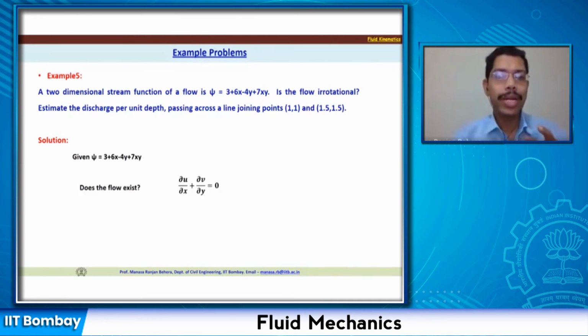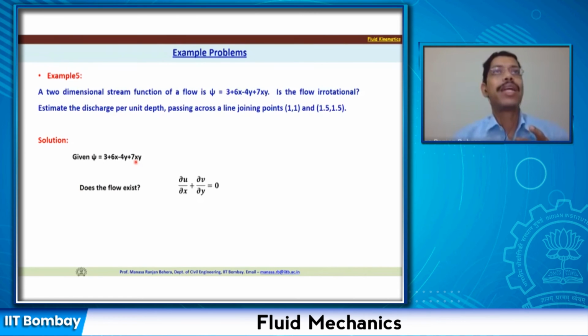If you look at the equation, second order terms are not there, so here you don't have any second order term. Let me find out u here. u is nothing but dou psi by dou y. So dou psi by dou y, you will get minus 4 plus 7x.